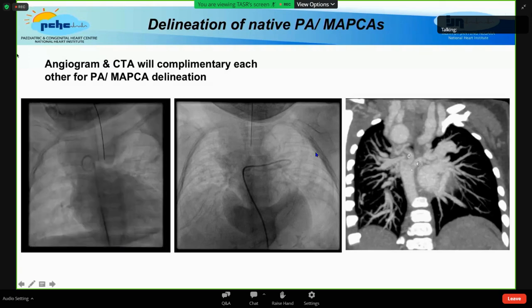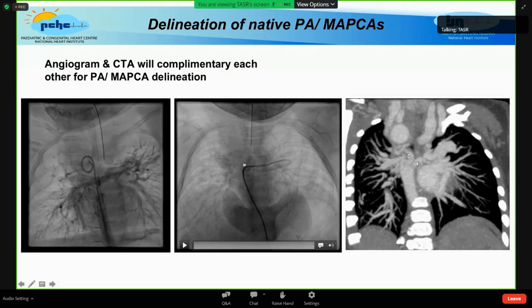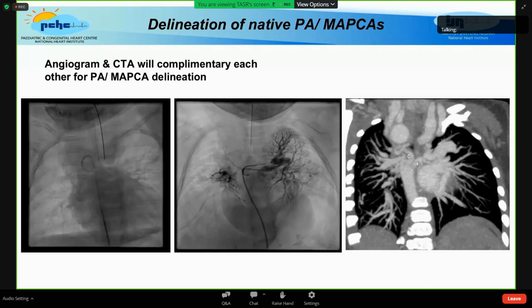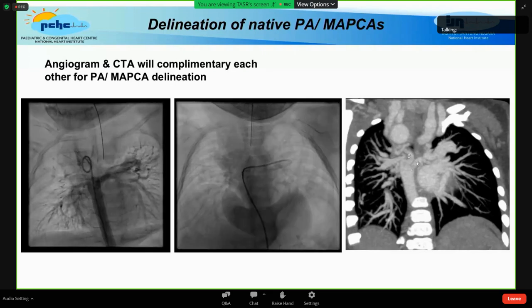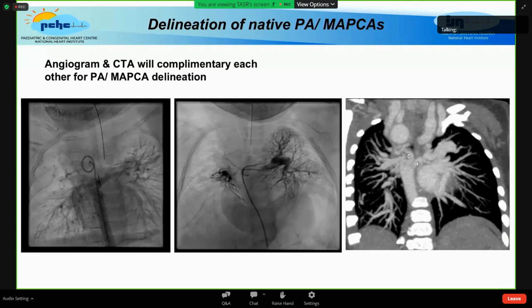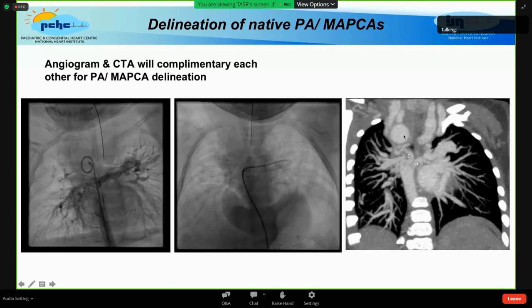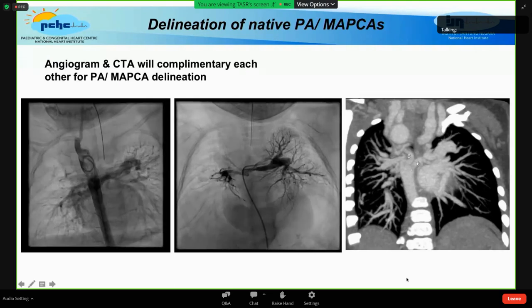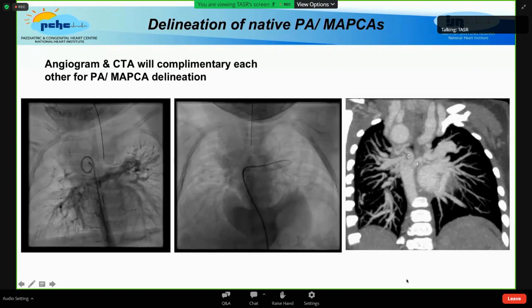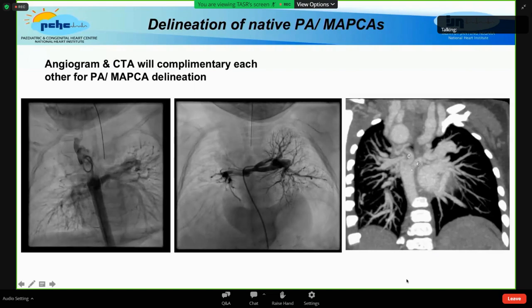We do a basic angiogram, especially the aortogram, and also selective injections to see the presence of the native pulmonary artery. And this is always complementary with a CT scan, especially to decide what is the next management for this group of patients.